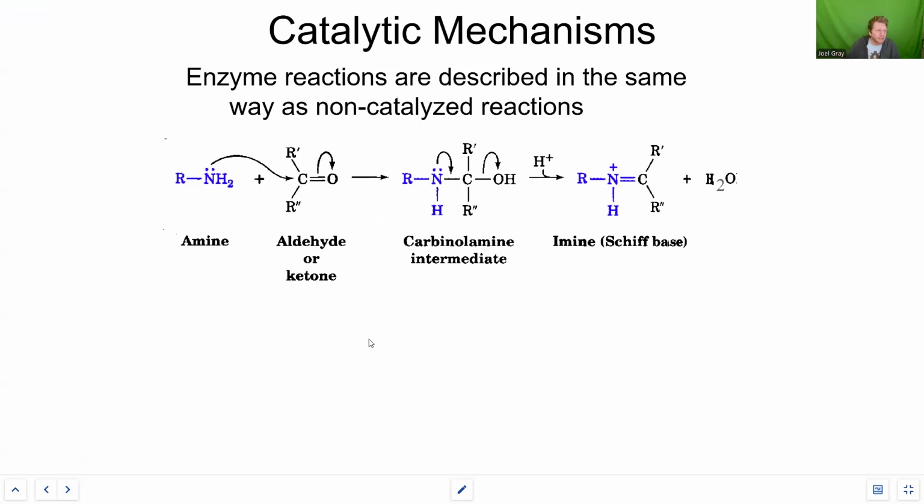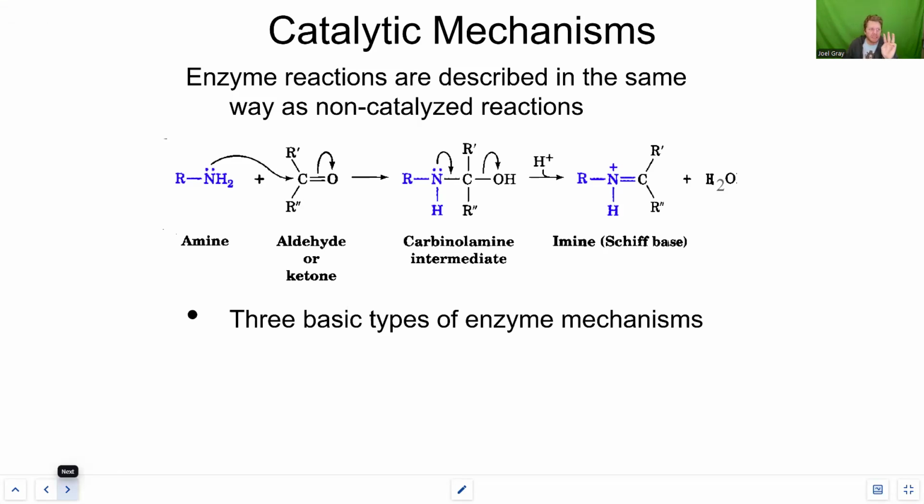And then at the end of the day, we get a water out of it. Now, is this a specific reaction that you're going to need to know? No. But I just want you to look at this and think, okay, I've pushed electrons before and I get it. I've got to find out which are my electronegative groups and which are my nucleophiles and electrophiles, and you're going to be in good shape there.